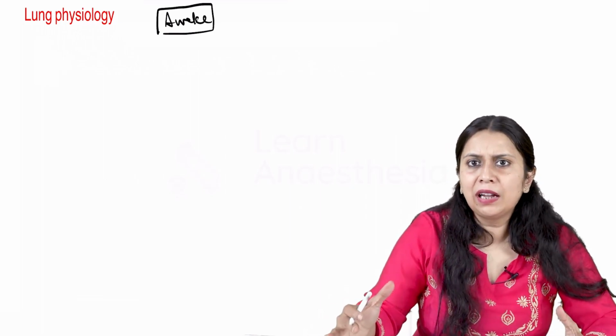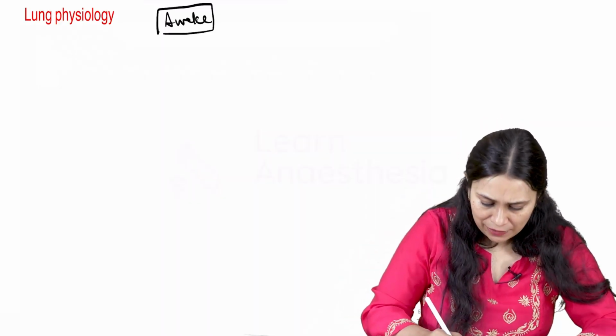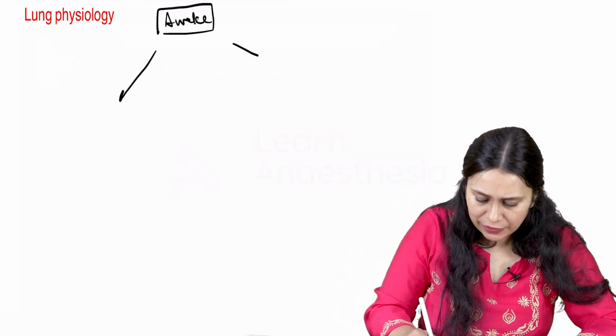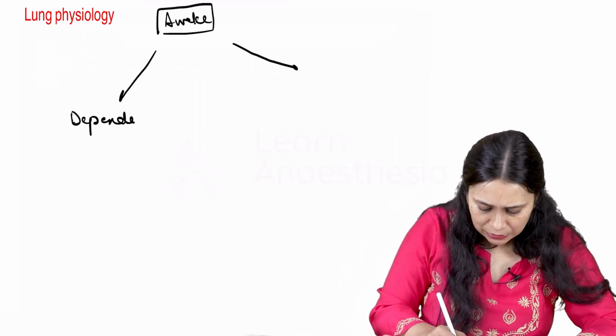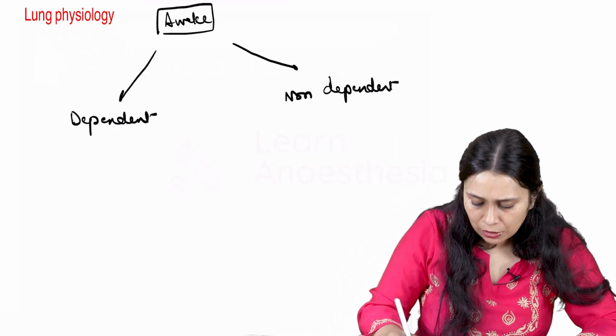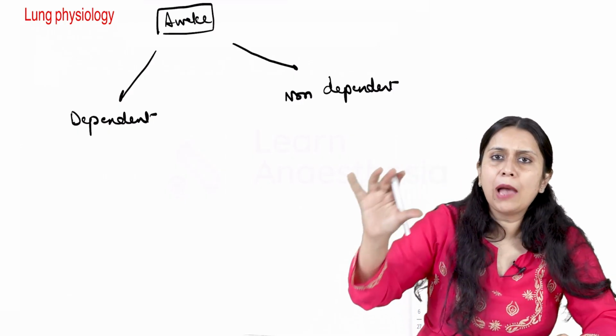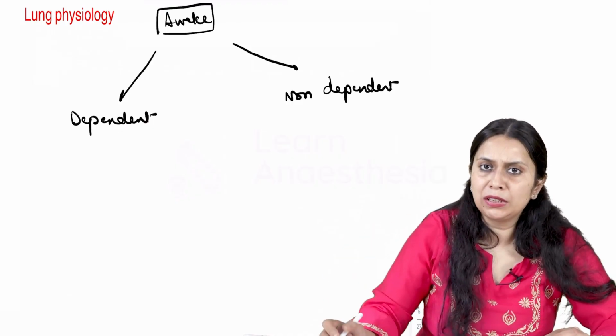Let us divide the lung into two parts, the dependent part and the non-dependent part. So I have divided the lung of an awake patient into dependent and non-dependent part.